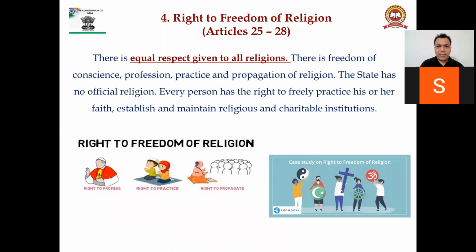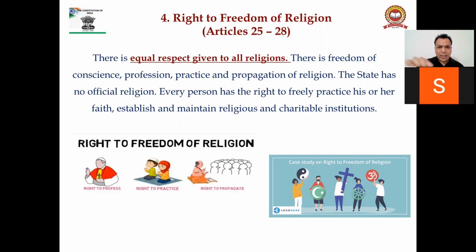The fourth is the fundamental right to freedom of religion. This right ensures and saves us, meaning we can practice any religion. Article 25 to 28, there is equal respect given to all religions, right? It was written by Baba Bhimrao Ambedkar.